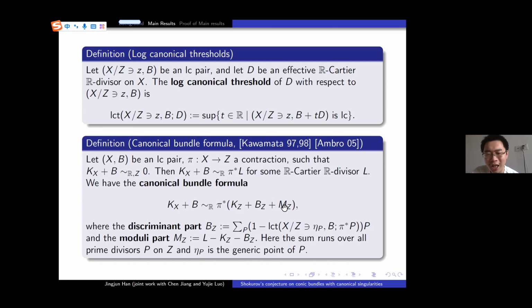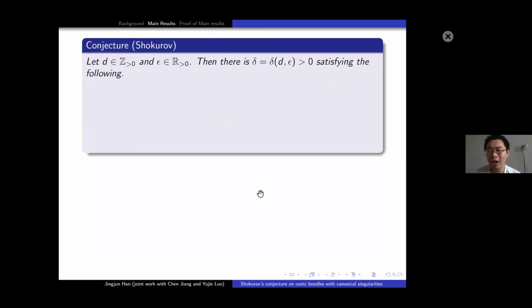So this means that M_Z will not make the singularities of (Z, B_Z) bad. So the singularity of (X,B) will control the singularity of (Z, B_Z). Then we can apply some induction to finish the proof of some theorems in birational geometry.